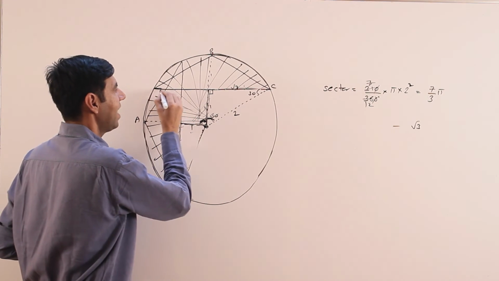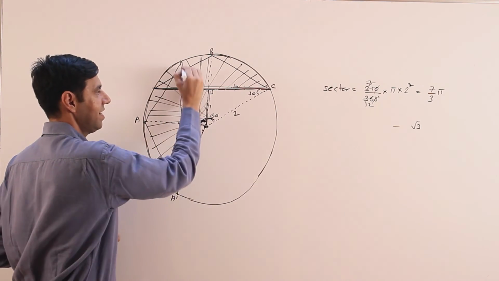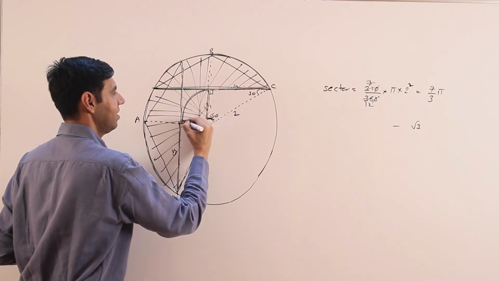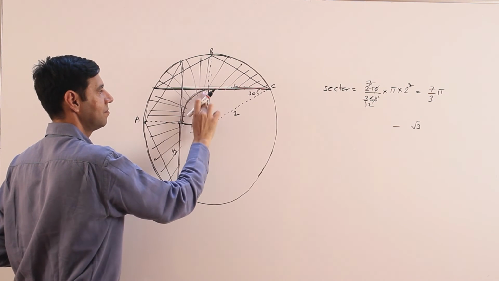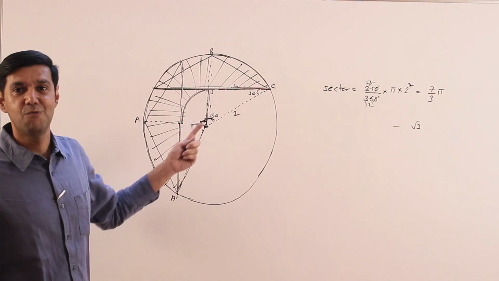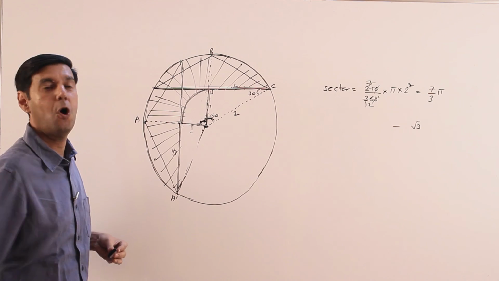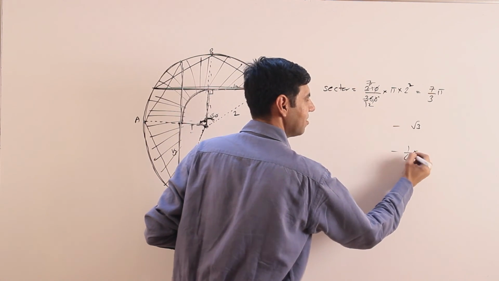Further, the animation showed you how this line is going to become this line. That time it is going to make an arc over here, a circle. So this area is also not covered. And what sort of area is this here in between? This is nothing but a quarter of a circle. So I also need to subtract a quarter of a circle.